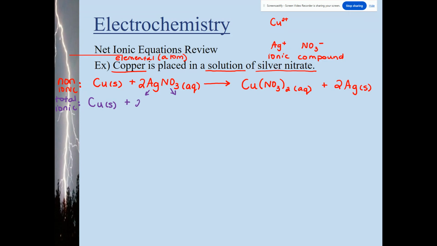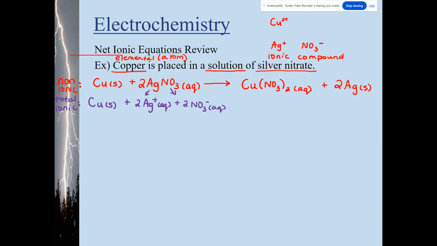So now I have an ion form of my metal. So it has to have an ion charge present and the state is aqueous. I also have 2 nitrate ions dissociating out of that compound.